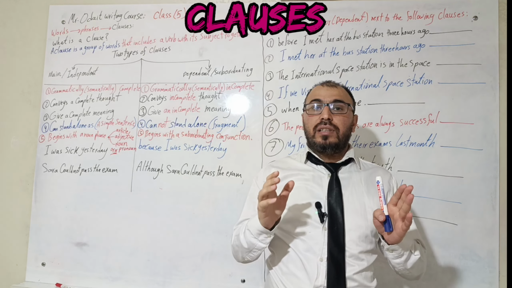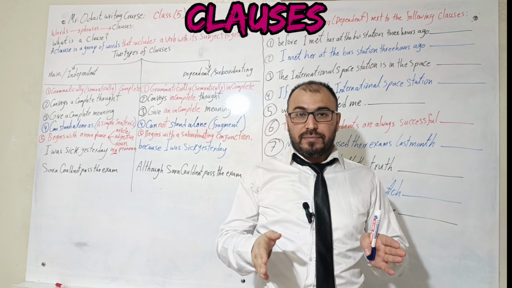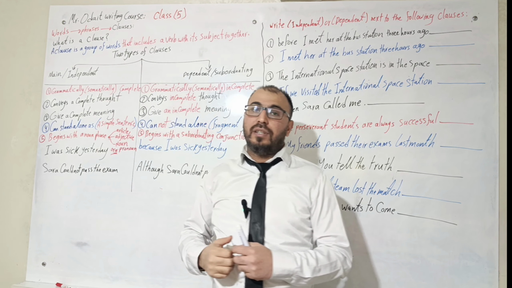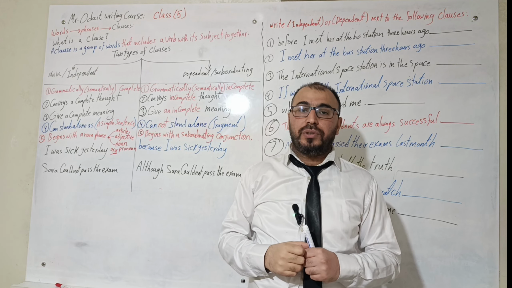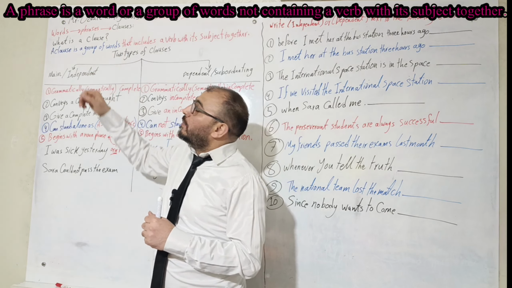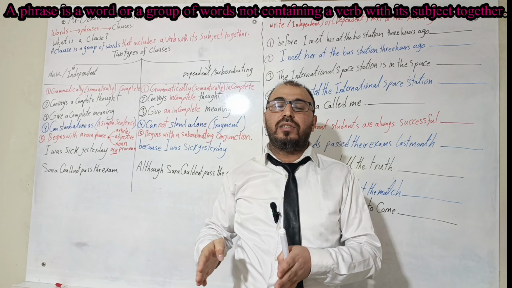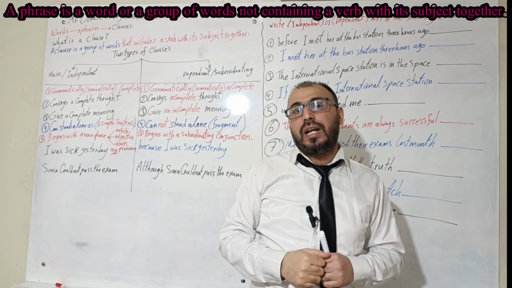Again, my friends, let's define the phrase, because it's important here today to understand the definition of the word clause. As we said before, a phrase could be one word or a group of words that doesn't include a subject with its verb together.